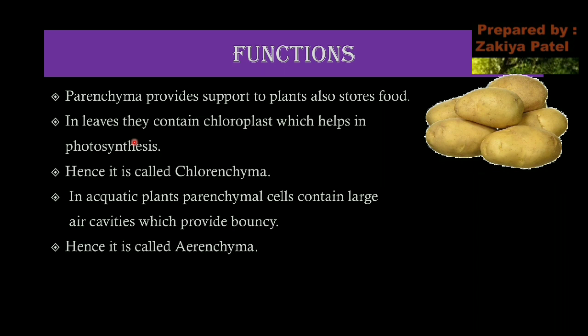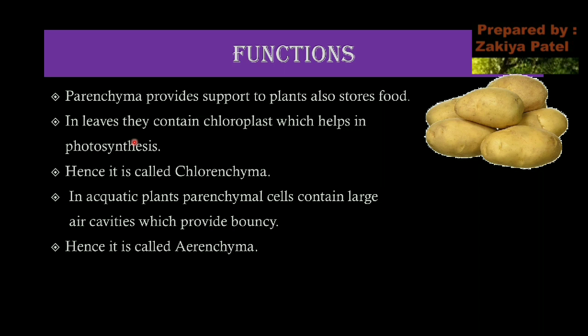If so, you are taking advantage of the plant storing starch in the form of potatoes. A potato grows as the parenchyma cells divide and their central vacuole fills with starch. This means parenchyma provides support to plants and also stores food. This is the first function.